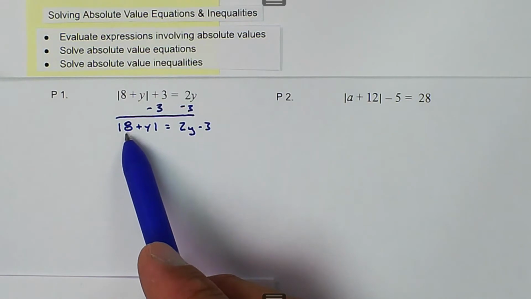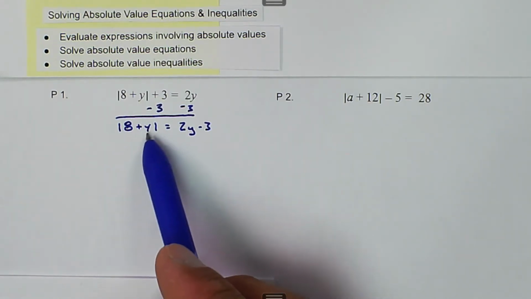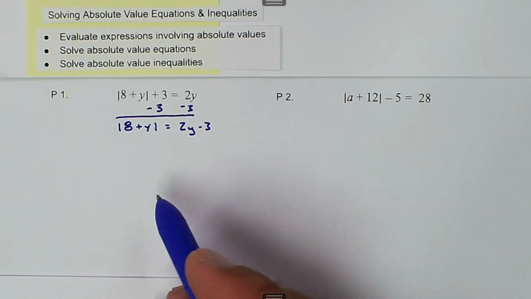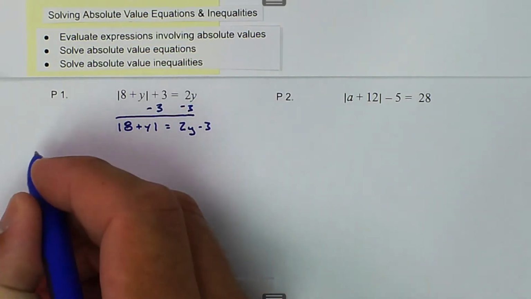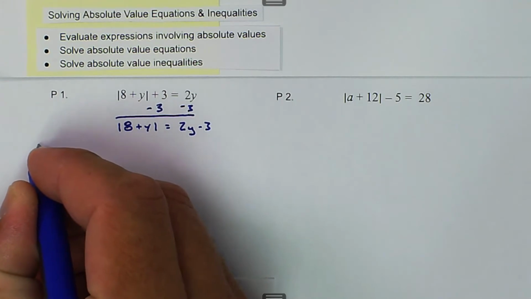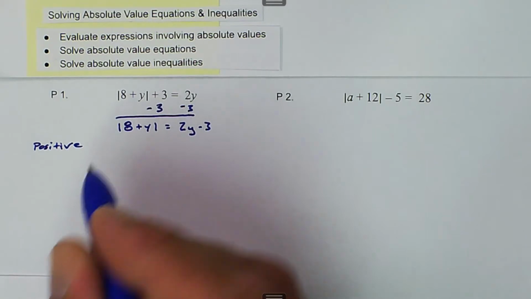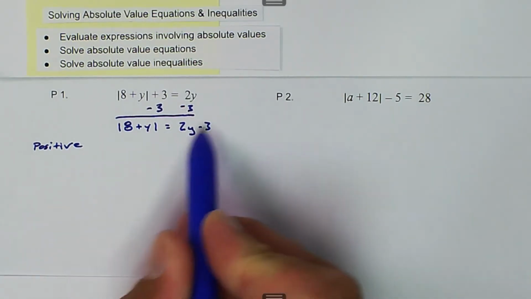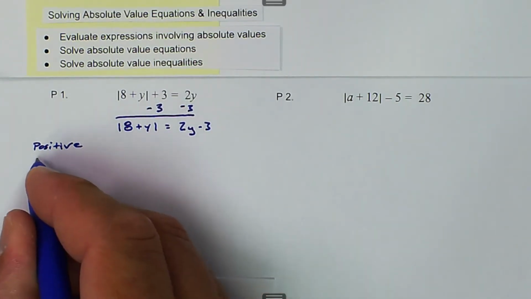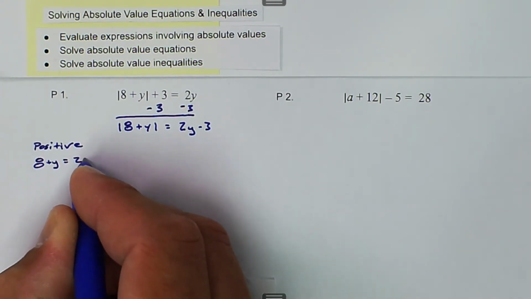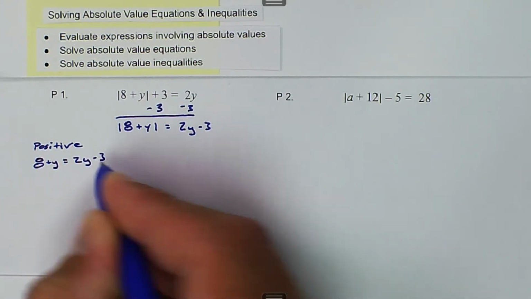Now, in order to get rid of the absolute value, we have to solve for when 8 plus y is positive, and we also have to solve for when 8 plus y could possibly be negative. The positive version will be over here on the left. To solve for when 8 plus y is positive, we just leave the right side alone. So we'll say 8 plus y is equal to 2y minus 3.